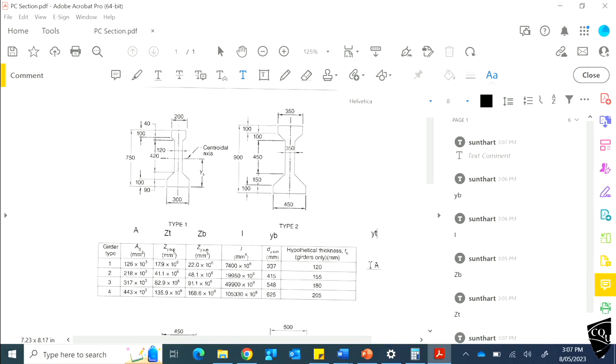Because 750 is the total depth. If you add YB and YT, you will get 750, isn't it? If it is a rectangle, only half. This is not a rectangle.